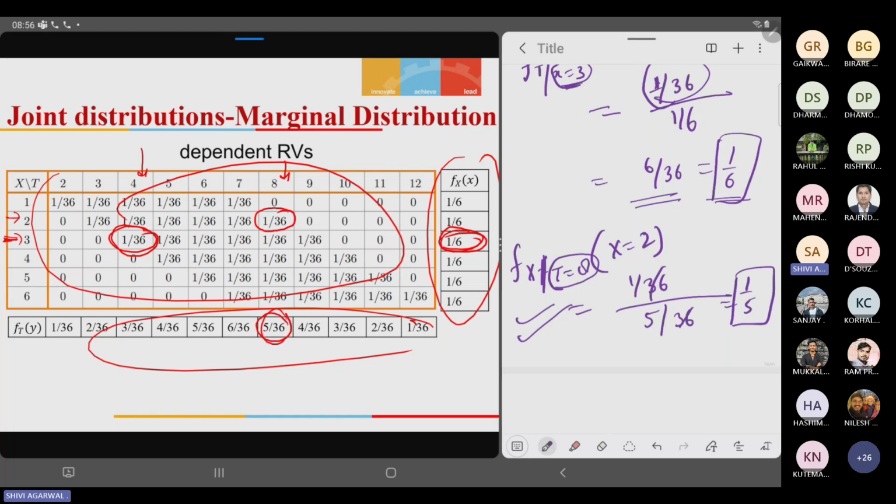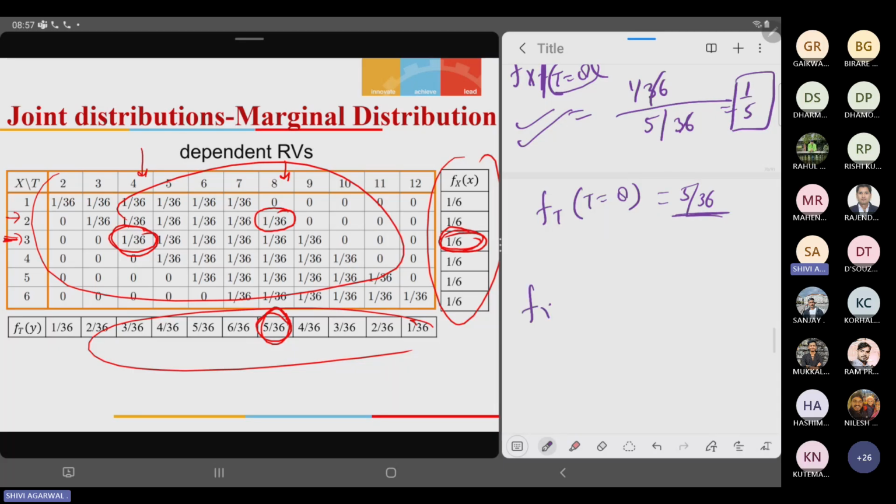That is the marginal density function for t at t is equal to 8, and it is coming in the denominator. Because we have to find x given t, it is f of x comma t upon f of t.